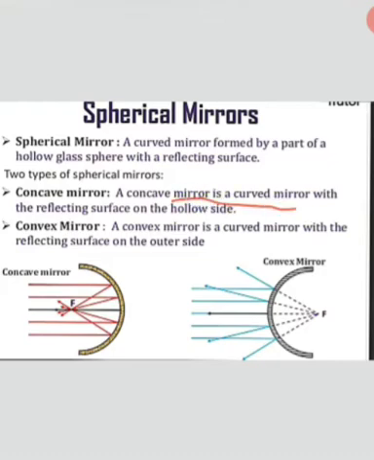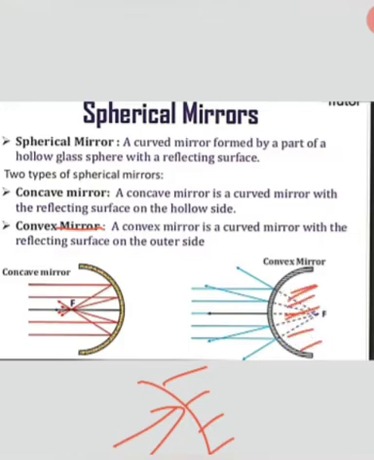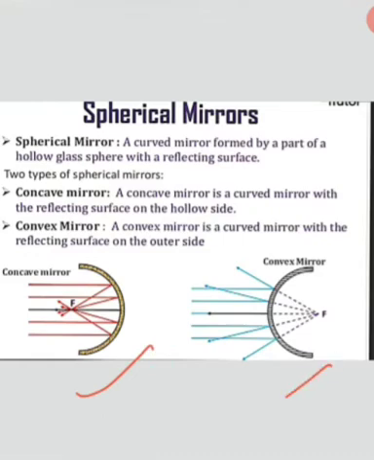A concave mirror is a curved mirror with the reflecting surface on the hollow side, meaning shading will be outside and reflection will be on the hollow side. While in a convex mirror, shading will be on the hollow side and the reflecting surface will be on the outer side. So this is all about concave and convex mirrors.